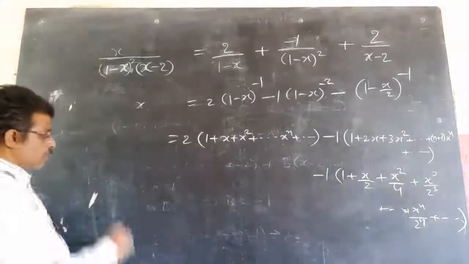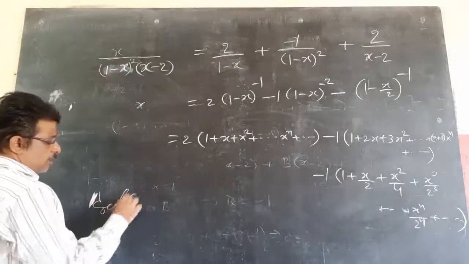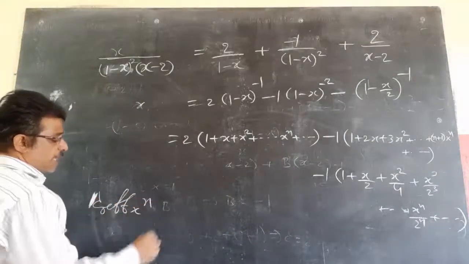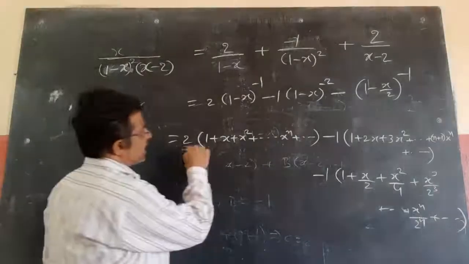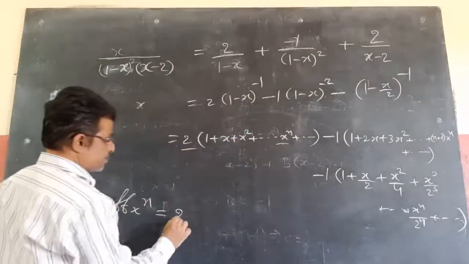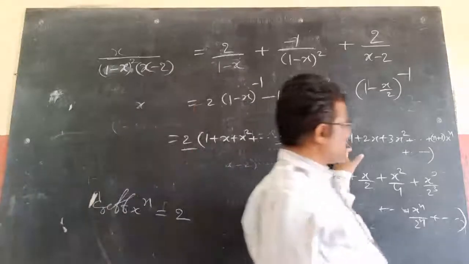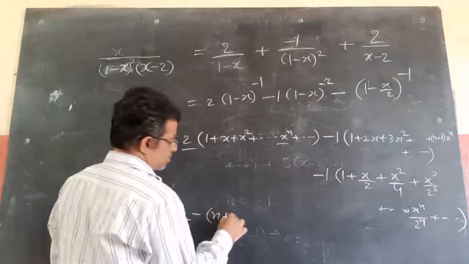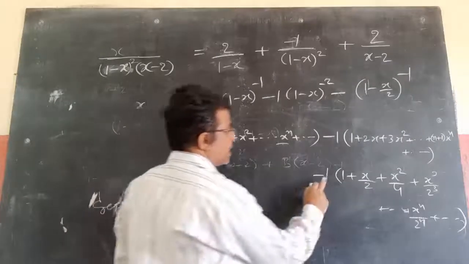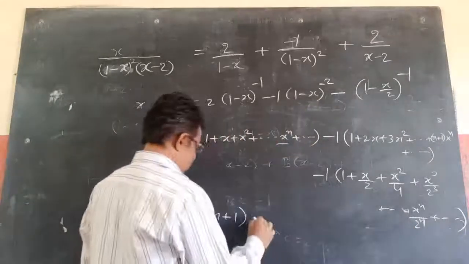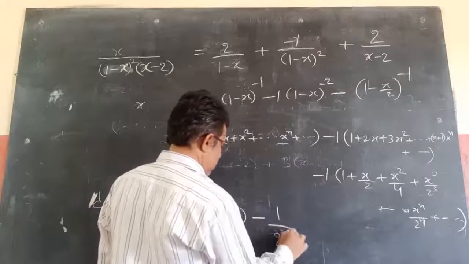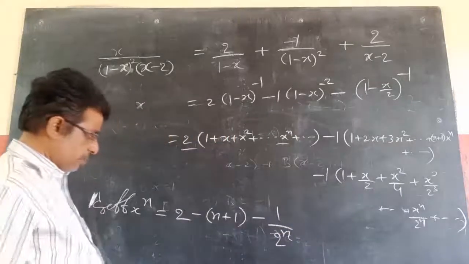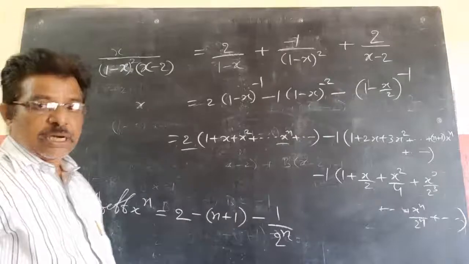Now the coefficient of x power n equals, here the x power n coefficient is 2 only. Here minus 1 into n plus 1, so minus of n plus 1. Here minus 1 into 1 by 2 power n, so minus 1 by 2 power n. If you want, you can further simplify this or leave it like this.